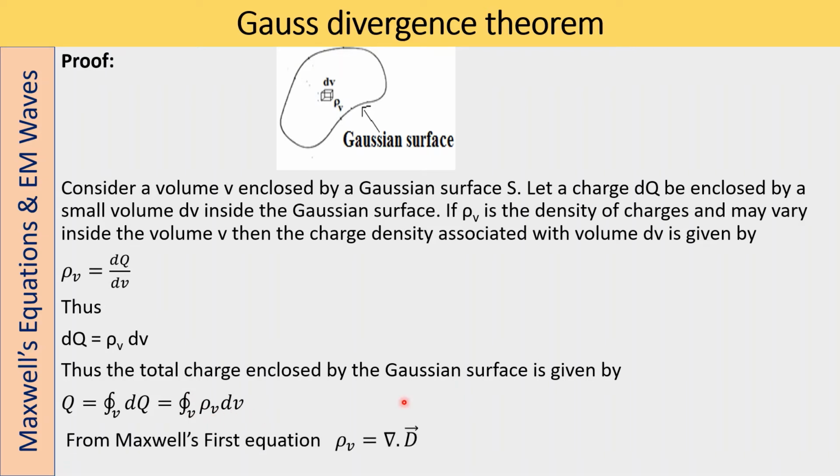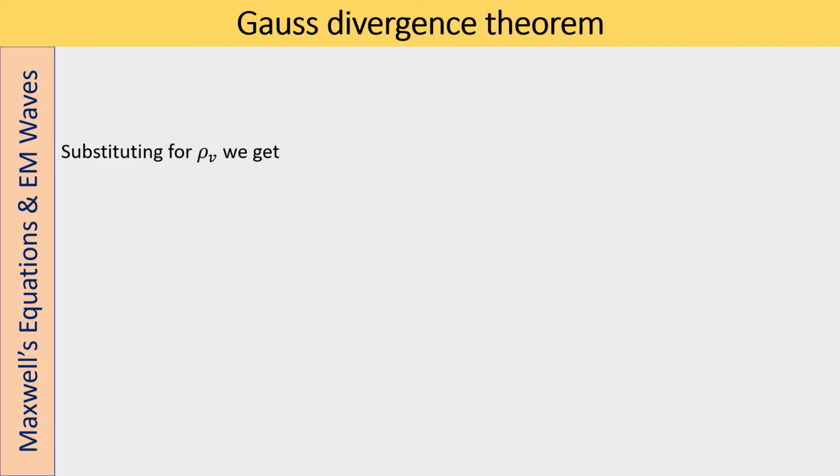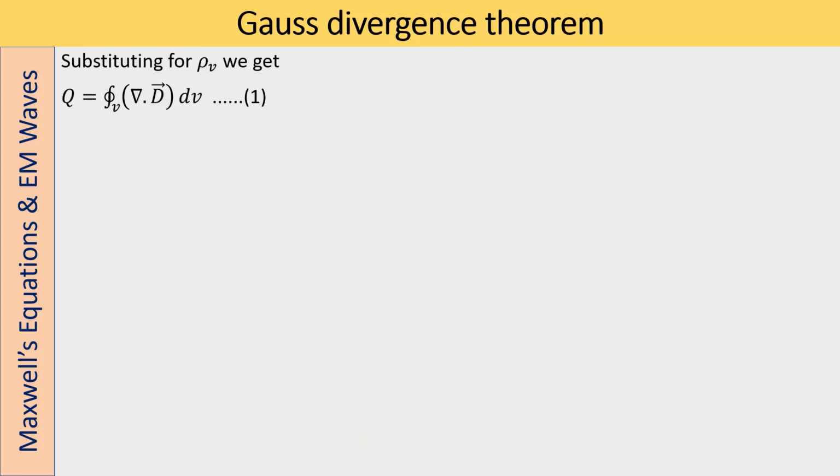From Maxwell's first equation, we know that rho v, the charge density, is equal to the divergence of D, where D is the electric flux density. Substituting for rho v, we get q equal to the volume integral of divergence of D into dv.